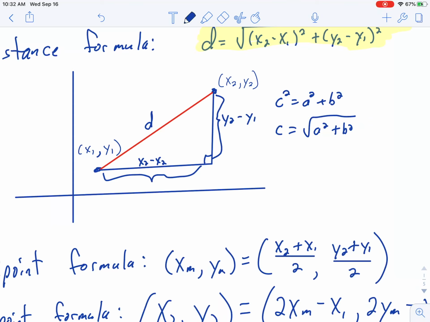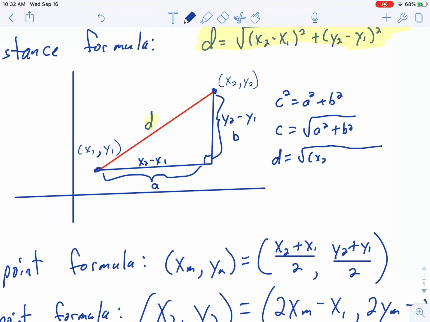That's a little better. So if you say, okay, this is a and this is b, and instead of c, we're using the letter d for distance, you can substitute this and say, okay, the distance is going to equal a, which is, oh, I just found where I made a mistake. That should be 1 because you subtract those.